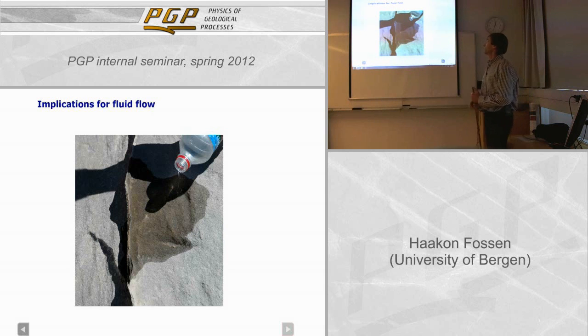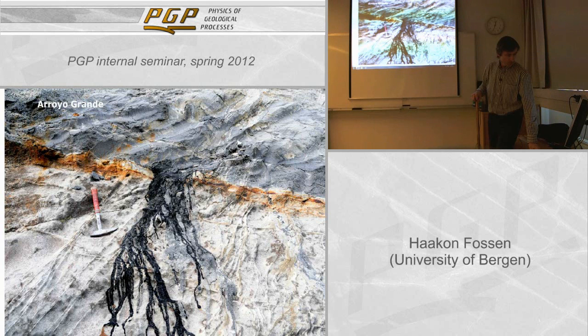Cool. So like I think I mentioned, these deformation bands have implications for fluid flow. So that's another property that is important, especially to oil companies. And you can see this effect in many ways.